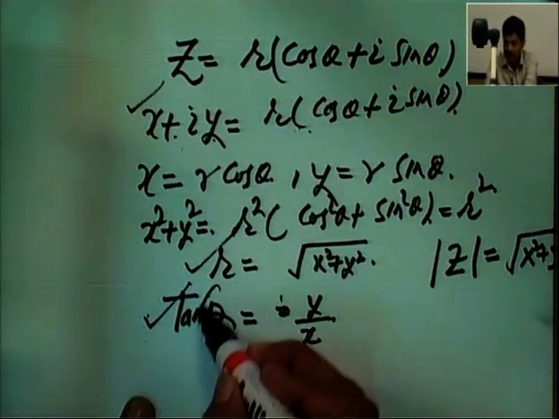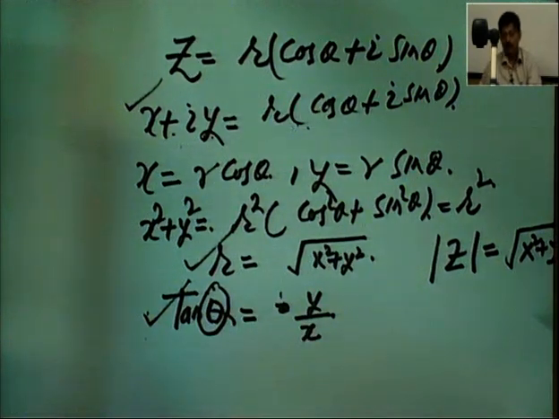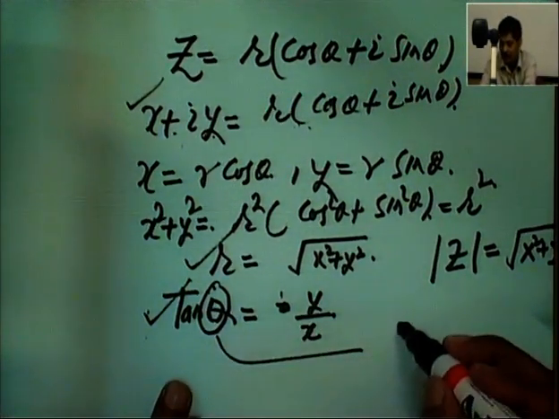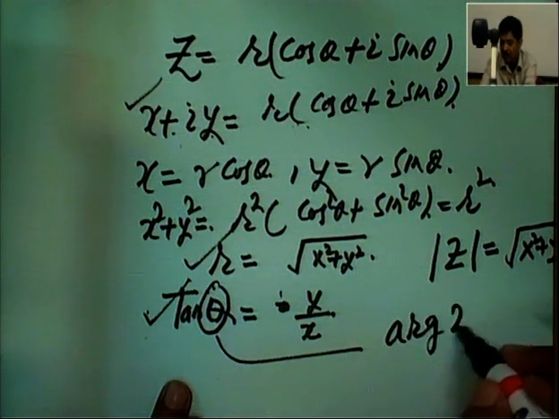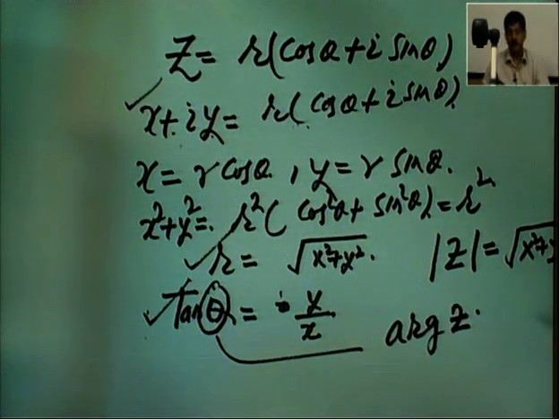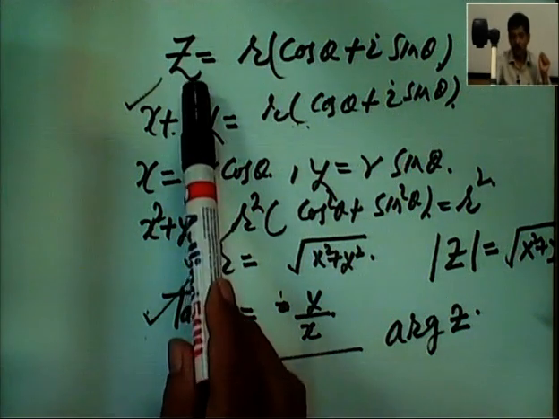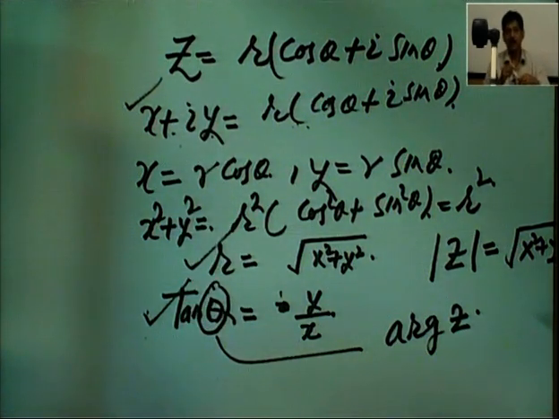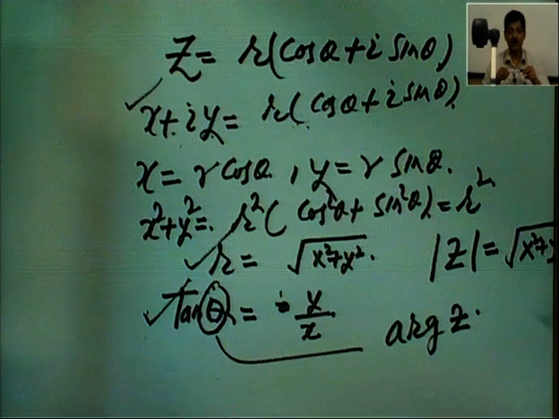And this theta is known as the argument of z. And this representation of this complex number in this form, that is z is equal to r cos theta plus iota sin theta, is known as the polar representation of a complex number.